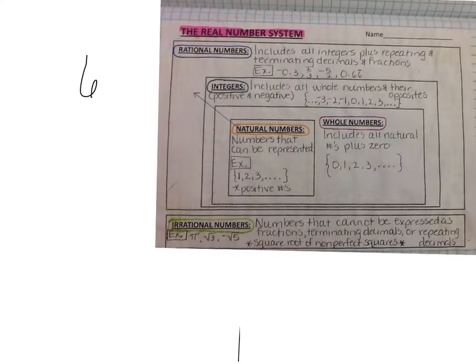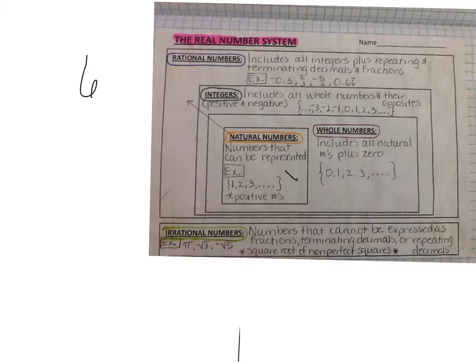So we have 6. So you ask yourself, can this number be represented? Is it a positive whole number? Yes. So the most specific name you can give it is a natural number, which is right here. Okay, and then you can call it everything else that's outside of it. Notice this is like a circle. The only thing that it cannot be is irrational, because irrational is a separate box.